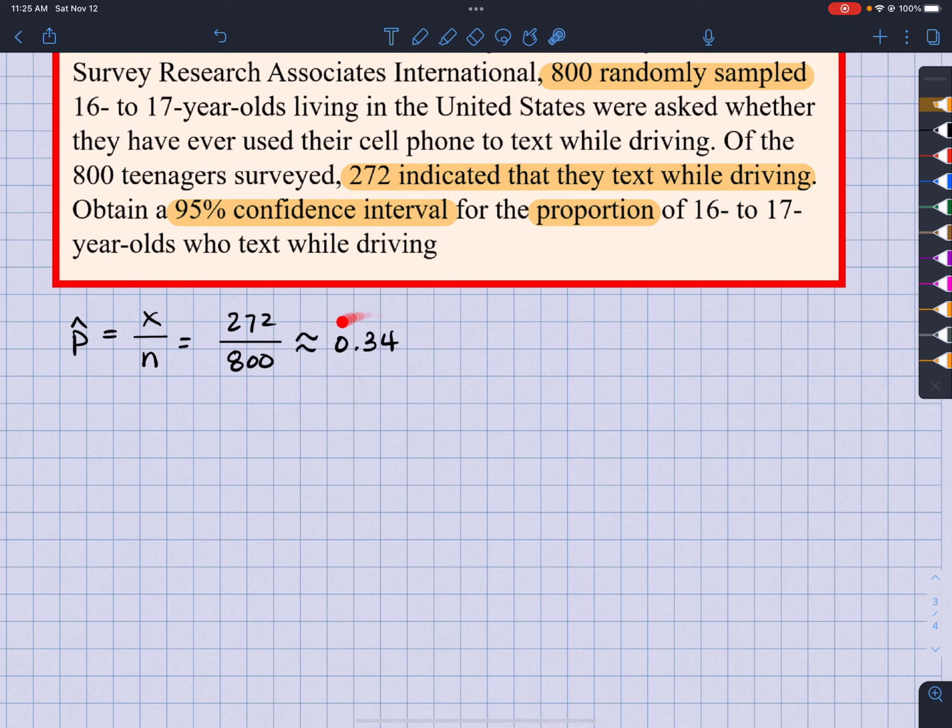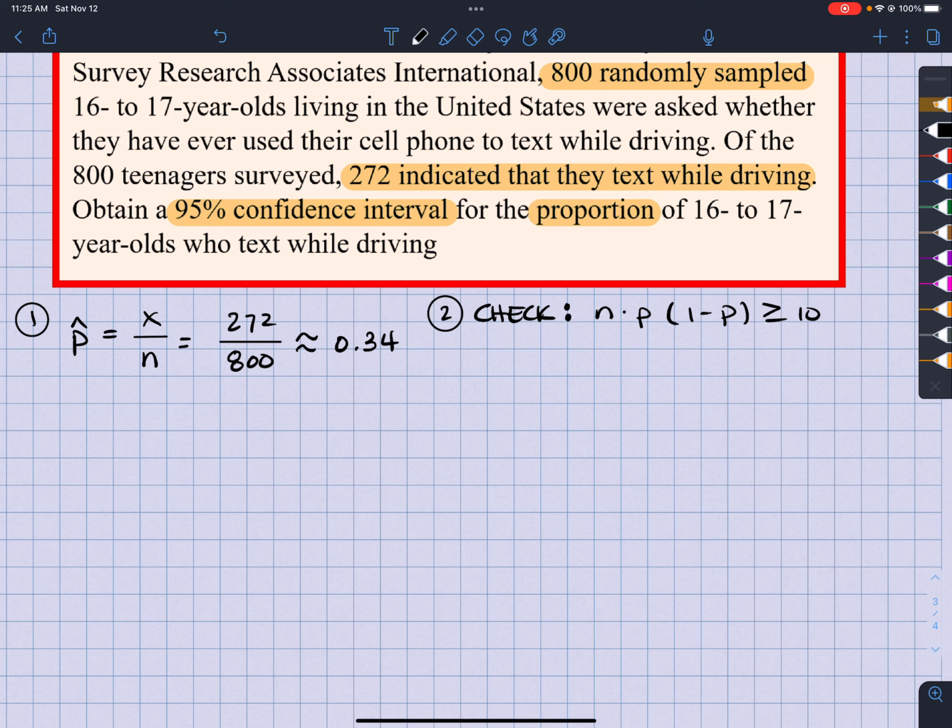Now, again, this is a proportion, which is about probability, which is going to be less than 1. So anytime we talk about proportion, we're talking about something that's less than 1. So that's the first thing we have to do. Second thing we have to do is to check. So let's check to make sure that this is normally distributed, meaning that n times p times 1 minus p has to be greater than or equal to 10.